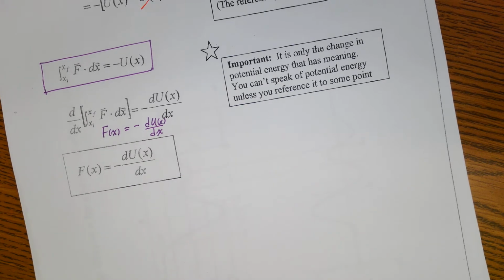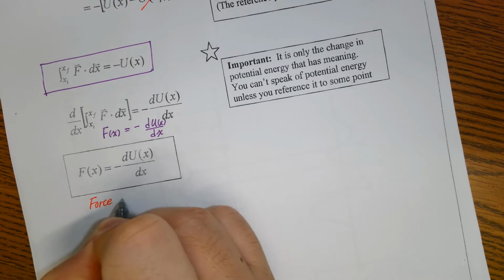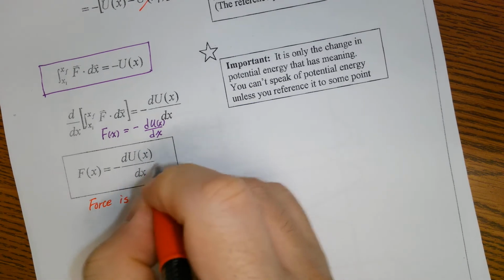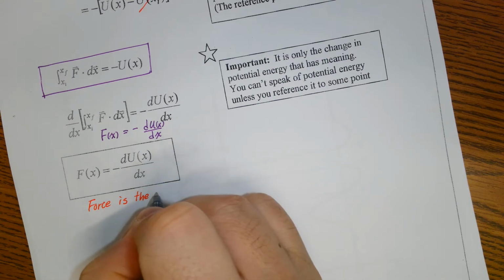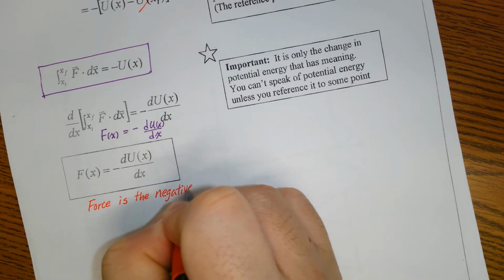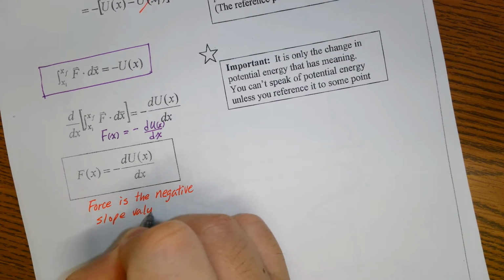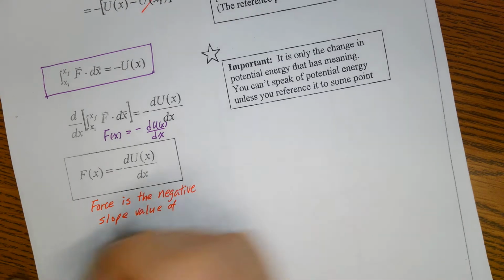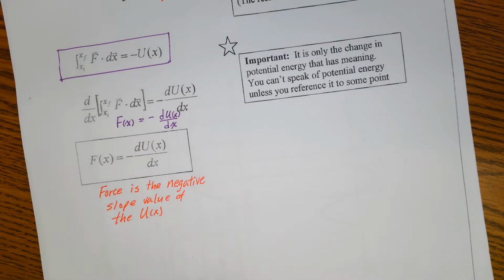So force is the negative slope value of the U of x.